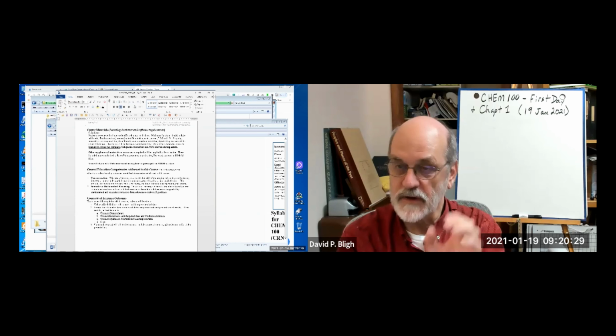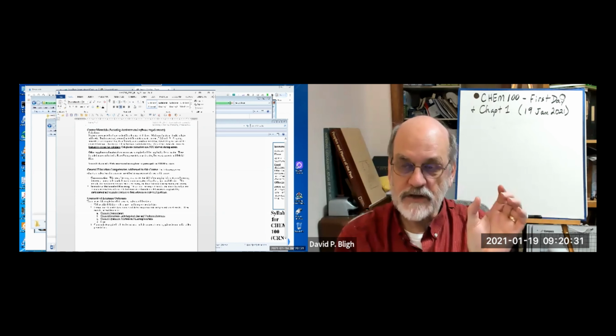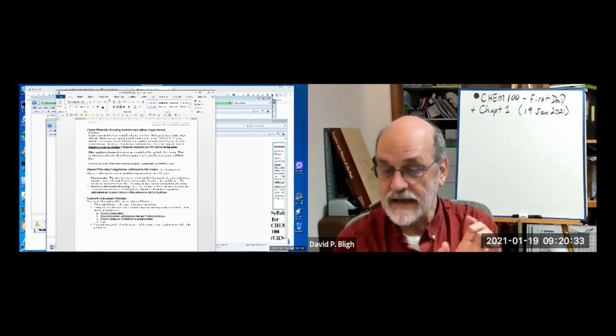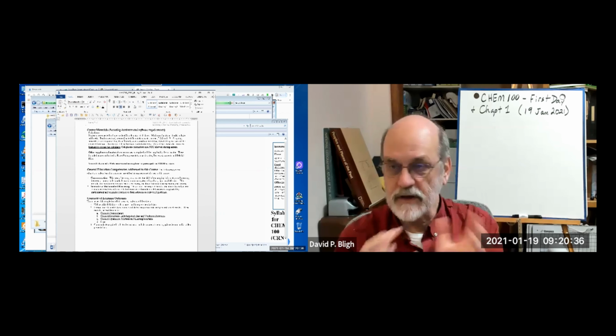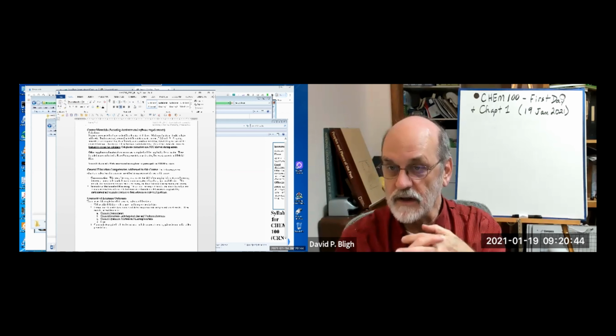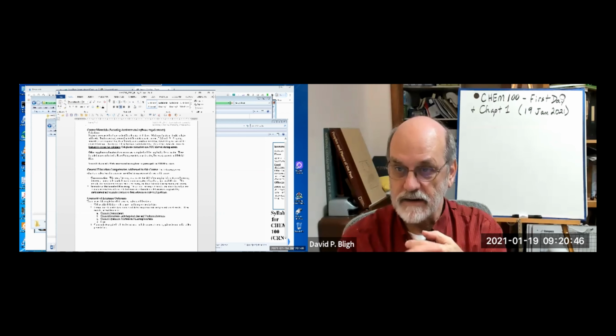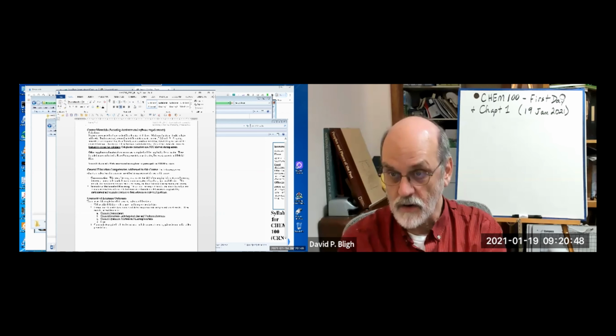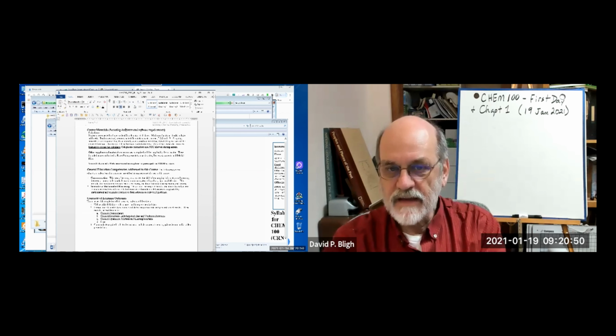How to put the coefficient in plus the power of 10, because every calculator is different. How to use logs, where's your log key, and how your calculator wants you to input and process logs. And then 10 to the x.